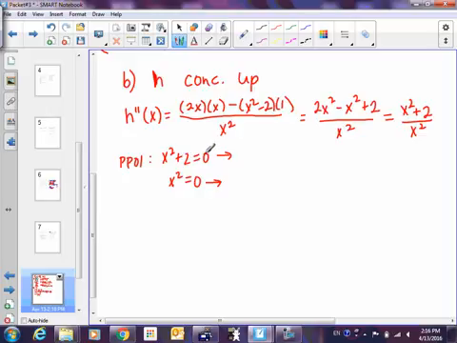If you said x squared plus 2 equal to 0, what happens when you subtract 2 and try to square root? You get a square root of a negative, which we get to not do. Okay, that's an imaginary solution. What about x squared equal to 0?